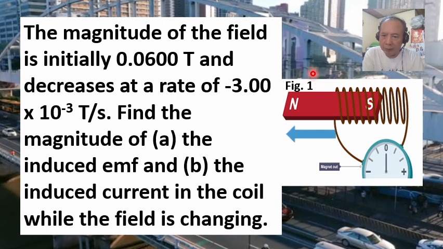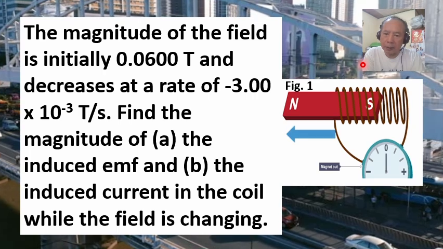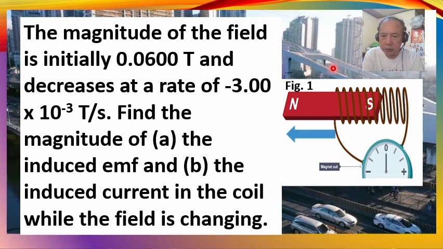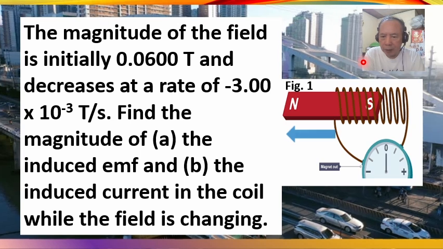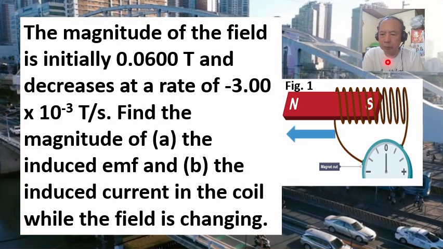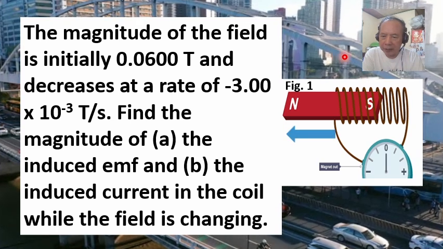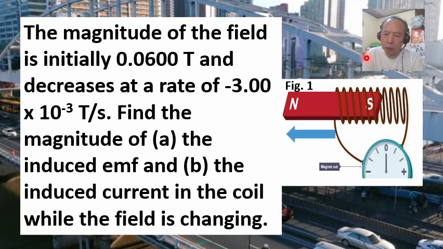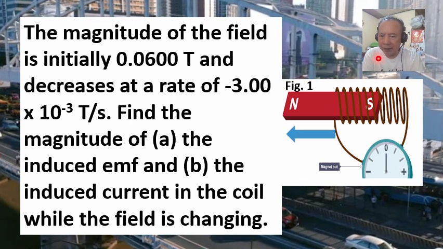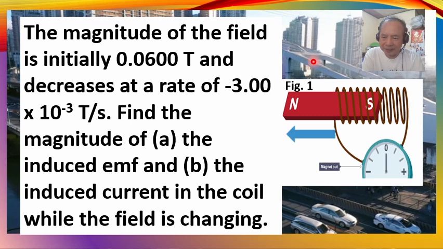We have a bar magnet that is being moved away, or withdrawn, from the inside of a coil of wire, with its south pole on the right end and of course the north pole on the left end.